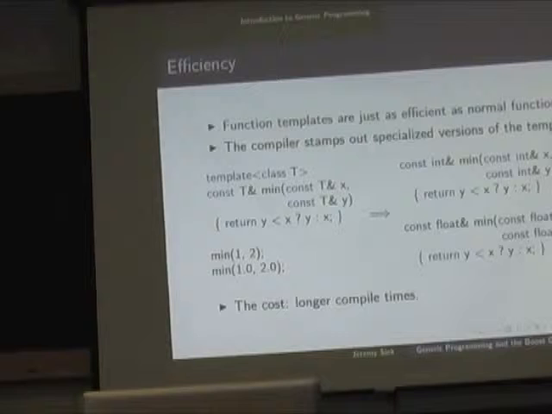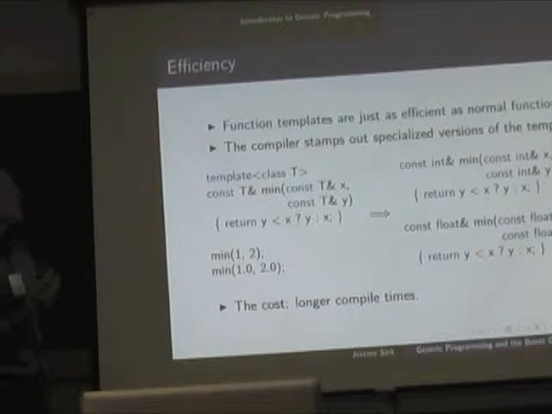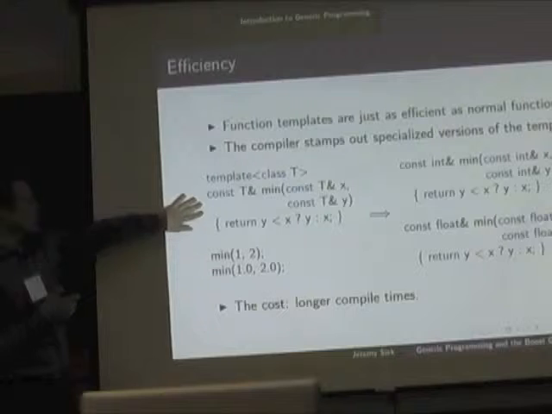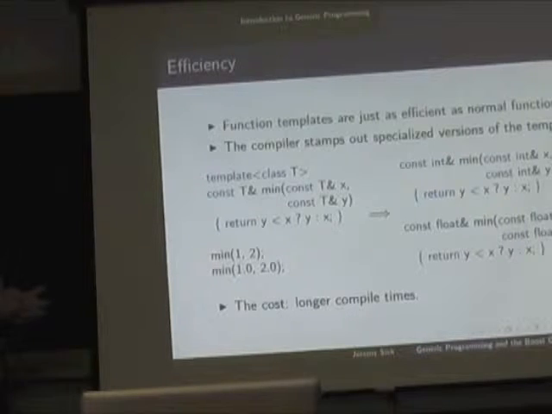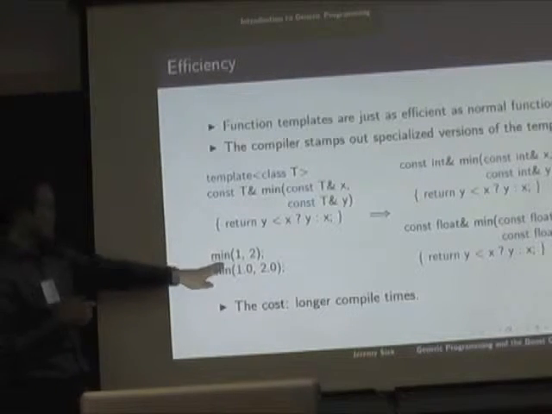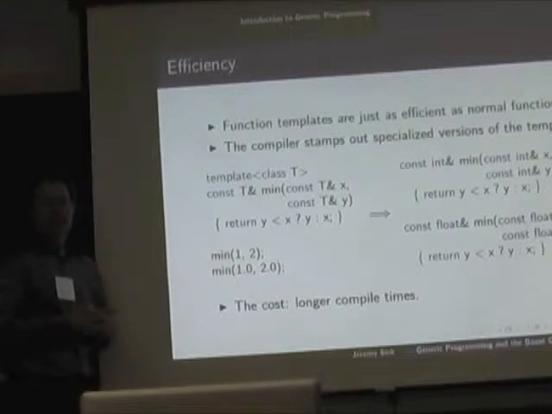Okay, and so why is it that all of a sudden we've somehow resolved this conflict between abstraction and performance? A lot of it has to do with the C++ language design and the way templates work. So here's perhaps the simplest little generic function you could think of, the min function. What happens when you call the min function with 1, 2?